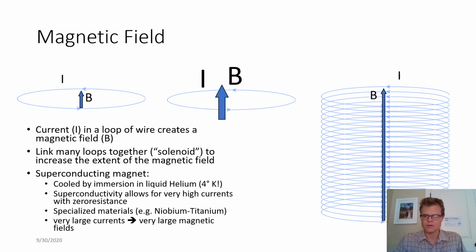So they have basically zero resistance, which allows us to put extremely high currents. So we're going to make loops of this niobium titanium wire, put it in a bunch of liquid helium, get it very cold, get it into the superconducting condition, and then we can throw a whole bunch of current into these loops of wire and create these very large magnetic fields that we typically use for MRI.